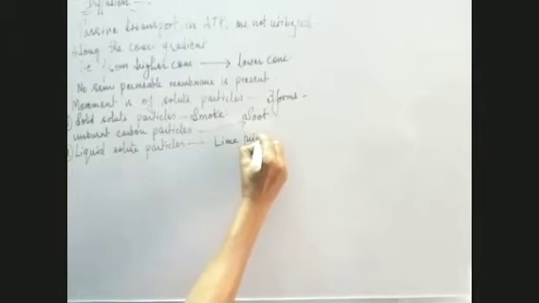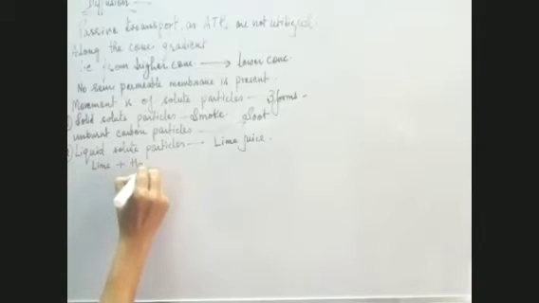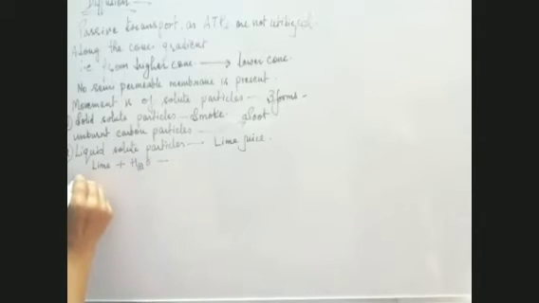What do we have in lime juice? Lime juice is lime plus water, the lime extract plus water, plus sugar or whatever you add. But basically the things required to make lime juice are lime and water.